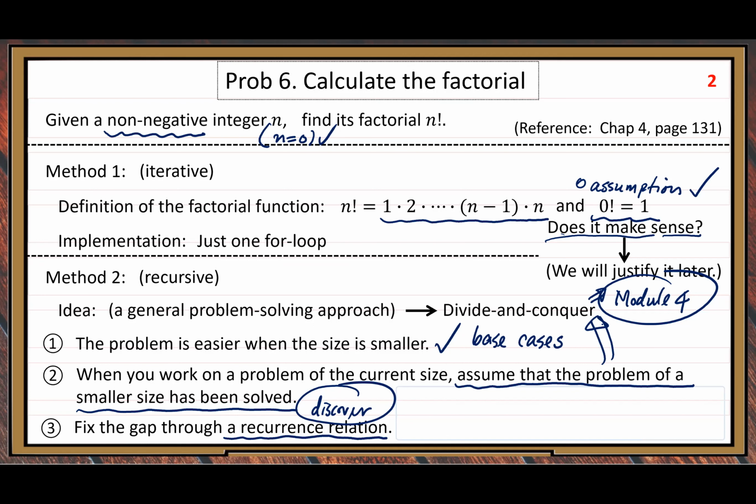Then you need to do step number 3, you need to fix the gap. Then you complete the whole divide and conquer method here. That's the divide and conquer understanding of recursion.